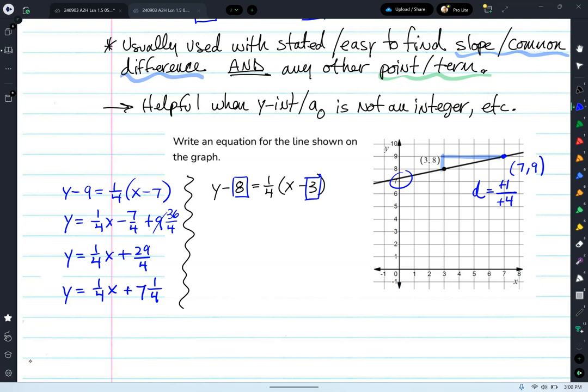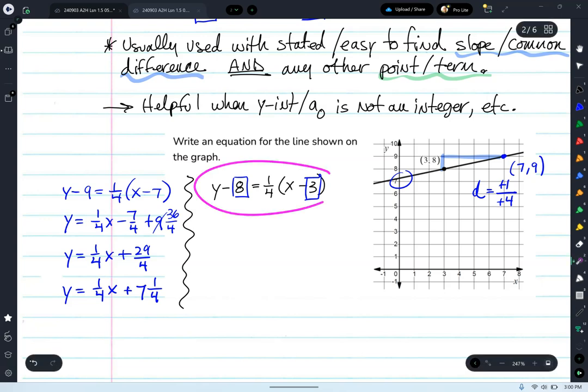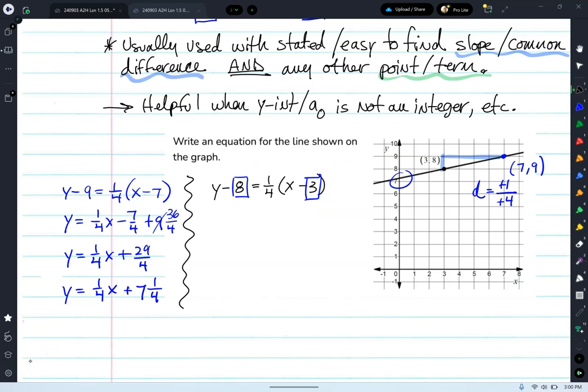Okay, well, let's do the same thing over here with this one. Let's solve this one for y. The first thing we do is move the 8 over and do some distribution. Did you get this?